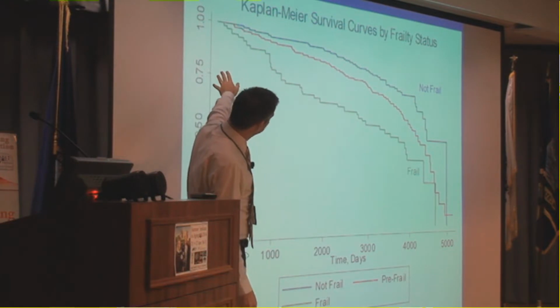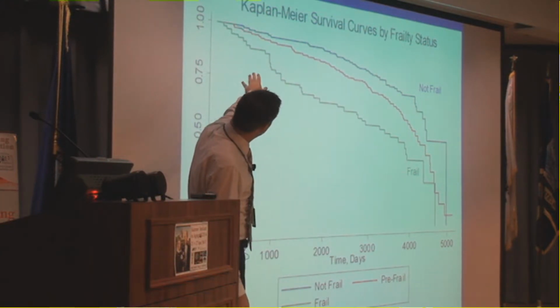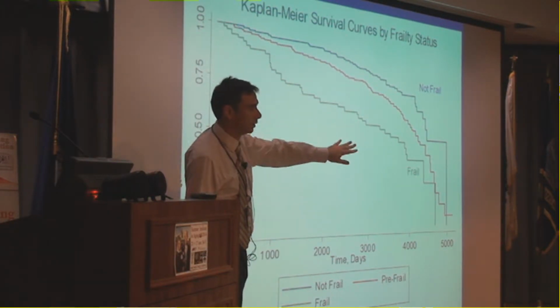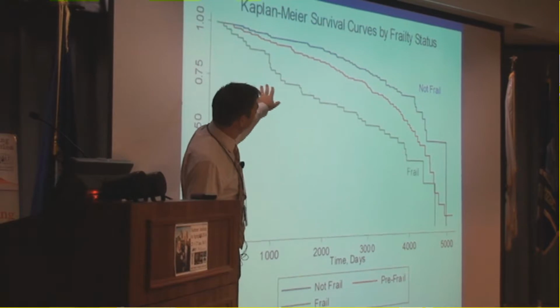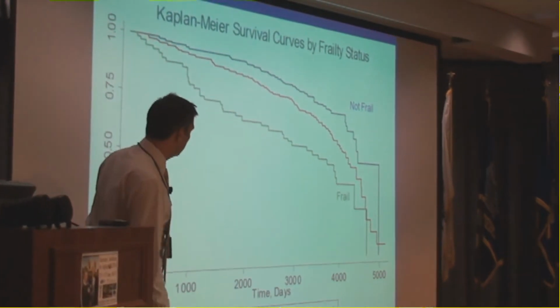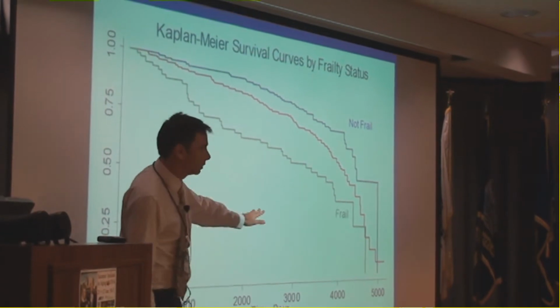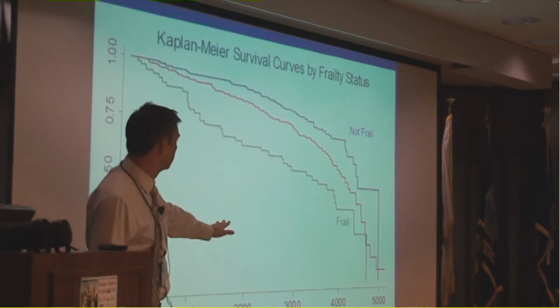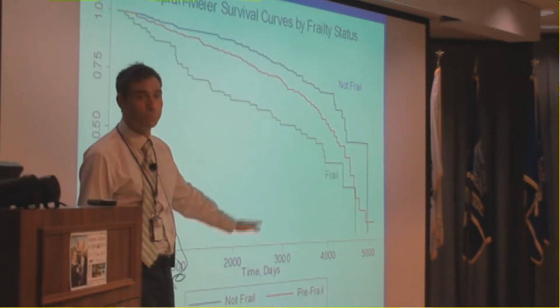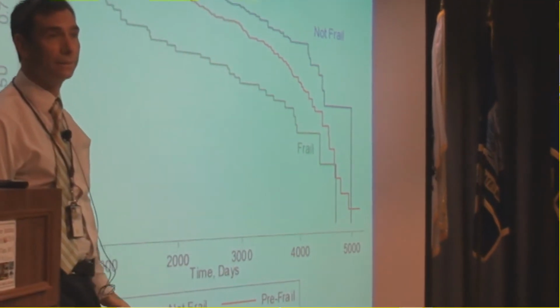If you're pre-frail, you can see that the rate at which people are dying is slowed down. But then if you're not frail, you can see that it's slower. So even here at 4,000 days, which is probably more than 10 years, more like 10 or 12 years, there's a very significant proportion of people that are still alive, right?